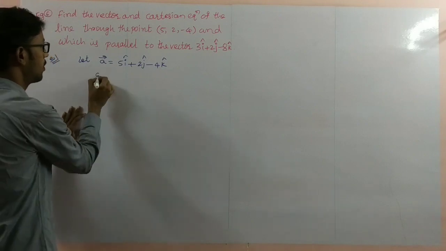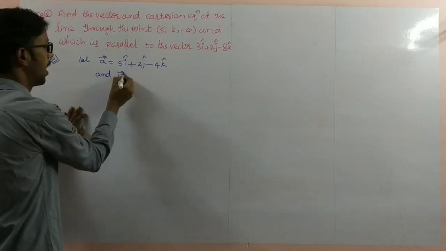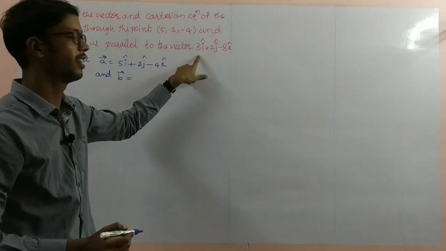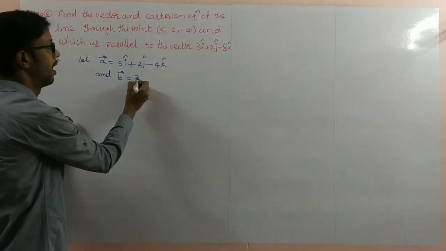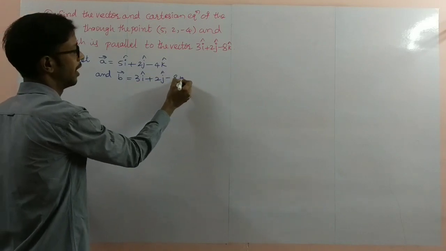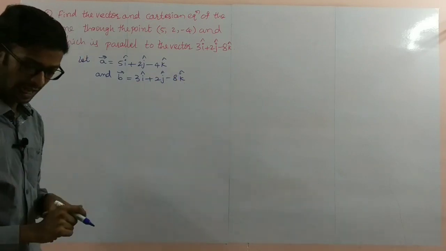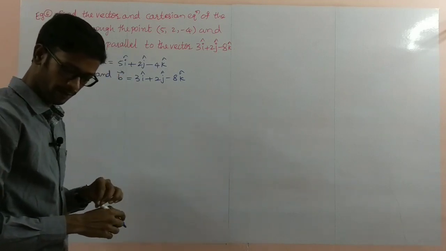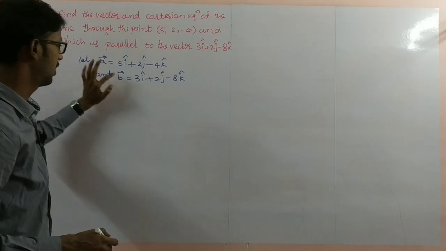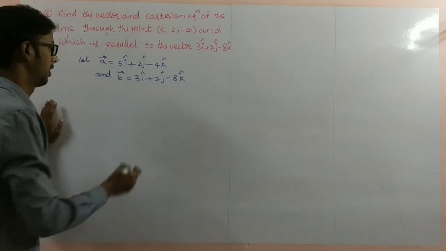And the vector parallel to it, we take as B bar: 3 i cap plus 2 j cap minus 8 k cap. We know that this one is the A bar vector and this one is the B bar vector.